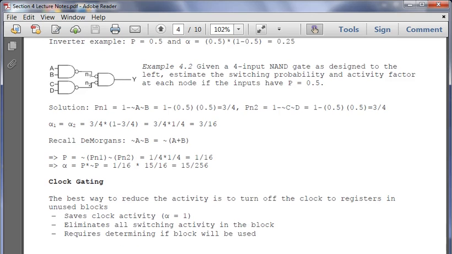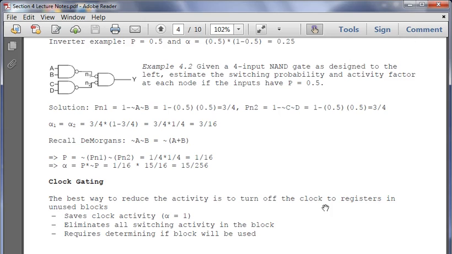Okay, so I kind of alluded to this a little earlier, this concept of clock gating. The best way to reduce activity is to turn off the clock to registers and unused blocks. So we have to have some sort of logic that determines whether or not it's actually being used, a controller. We need to eliminate all switching activity. The reason why is because every single clock cycle the clock is going to go from 0 to 1 and then 1 to 0, so the switching activity of the clock signal is going to be 1.